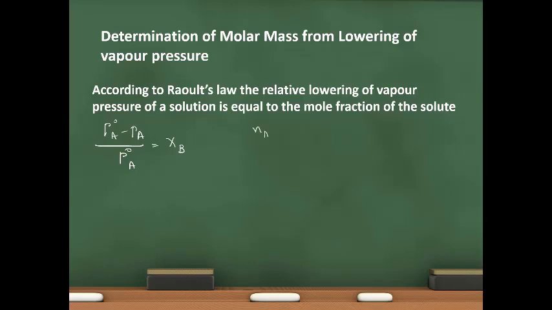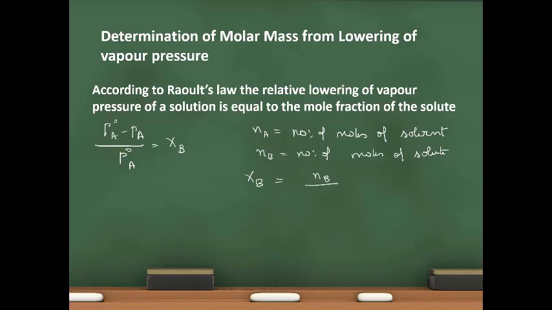If Na is the number of moles of solvent and Nb is the number of moles of solute, then Xb is equal to Nb divided by Na plus Nb. So for dilute solutions, number of moles of solute is less. So we can write Nb is much less than Na, such that Na plus Nb is approximately equal to Na.